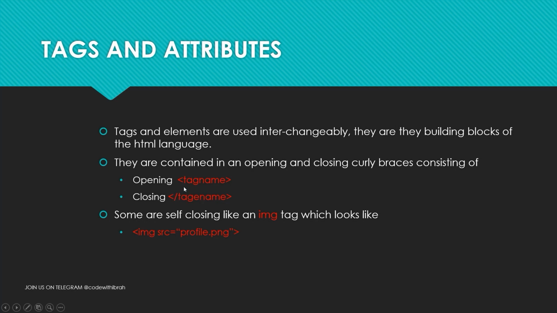So if you examine carefully, the angle bracket opens, the name of the tag comes, and then for the closing you add the backslash and the name of the tag, so that you close it. And not all the elements in HTML are closed in this way. There are some that we call self-closing tags, and those don't need the opening and then the closing.